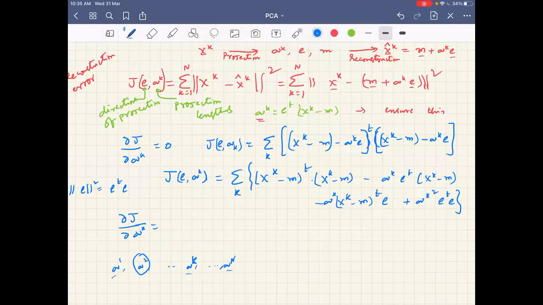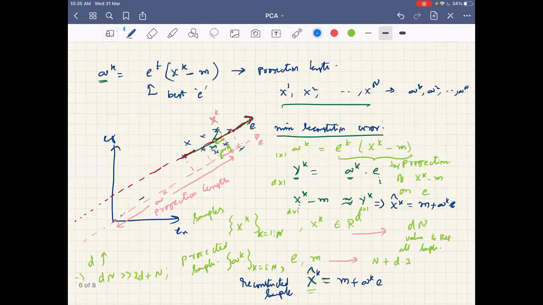A2 depends upon X2, but will it depend upon X1, XK, Xn? Is there an interdependence between the projection of the kth sample and the other samples? No, independent, because I am trying to project only that sample.